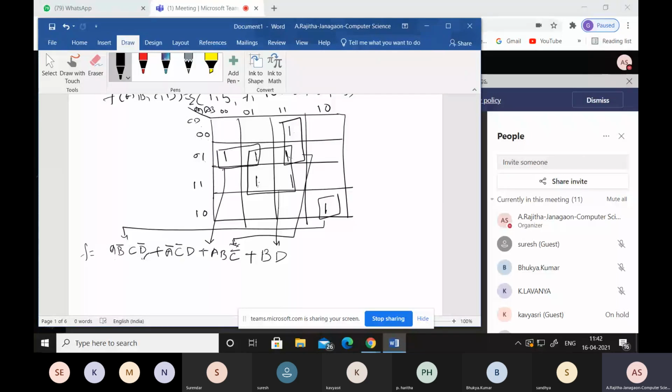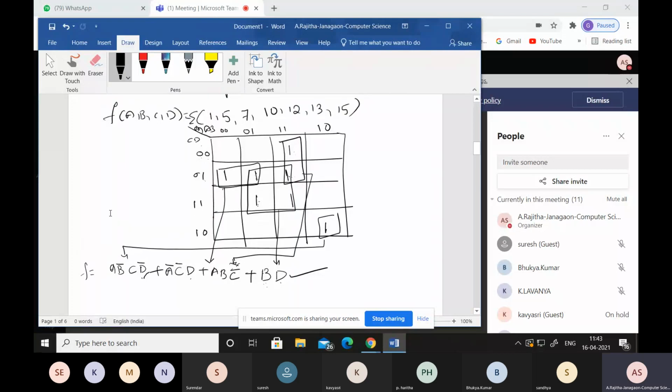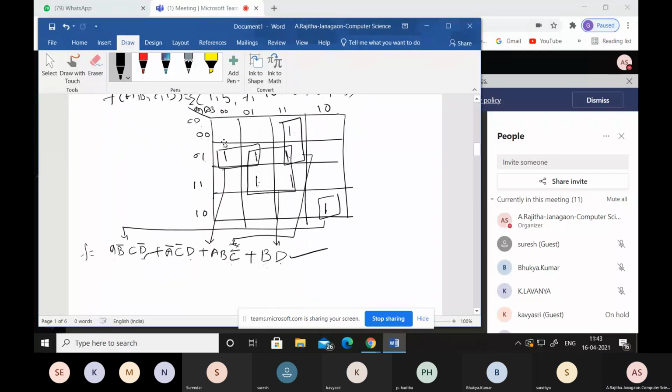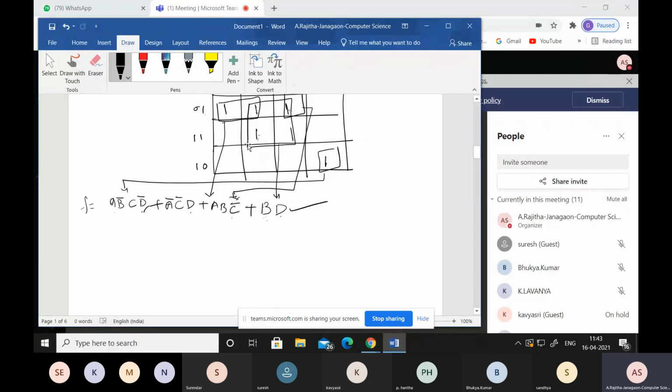Out of 4 variables, one variable is eliminated from a pair. So this is another pair, and from this pair one variable is eliminated. And this is the quad. Here this subgroup contains 4 cells, so out of these 4 variables, 2 variables are eliminated. So this is the answer for this: find the minimum sum of product form for this Boolean expression.